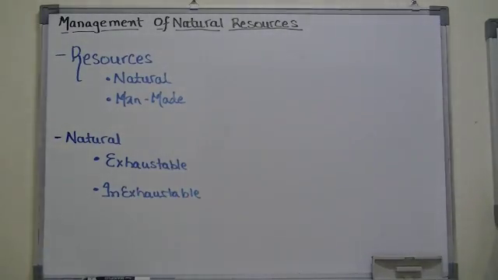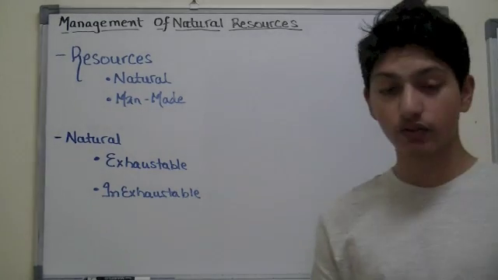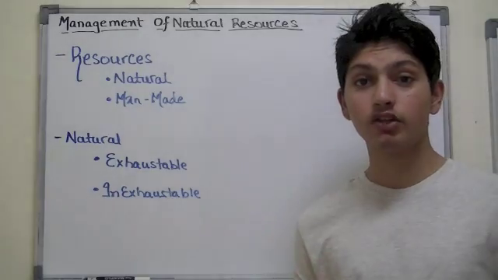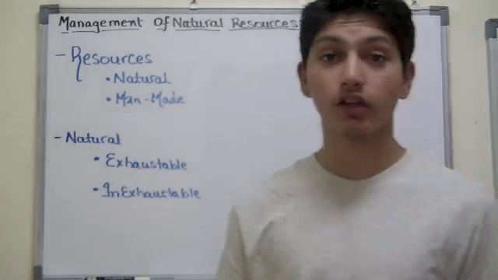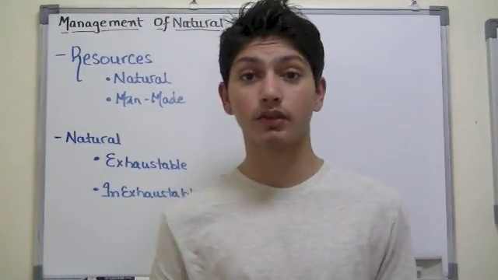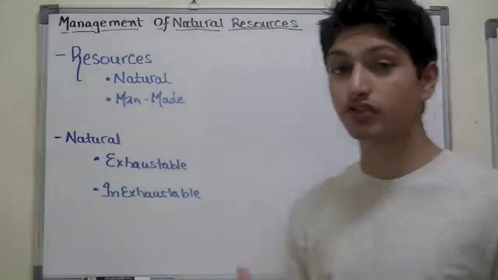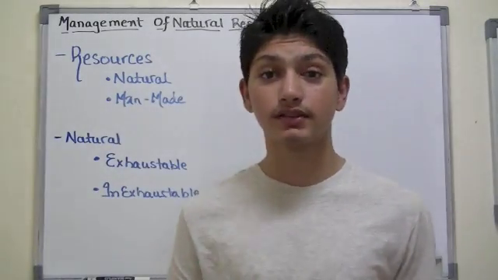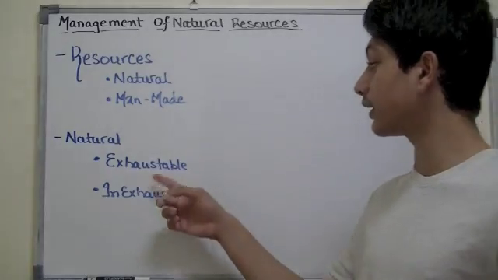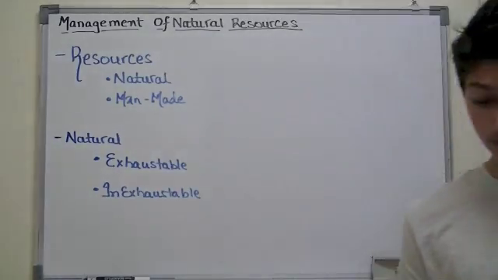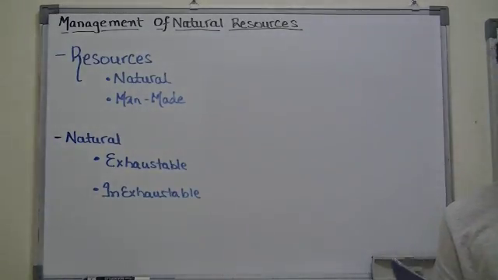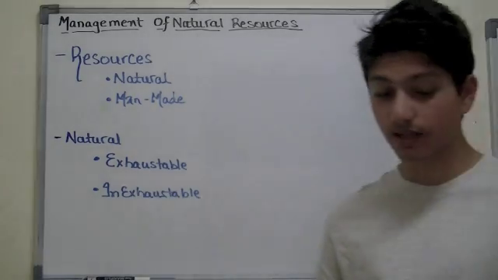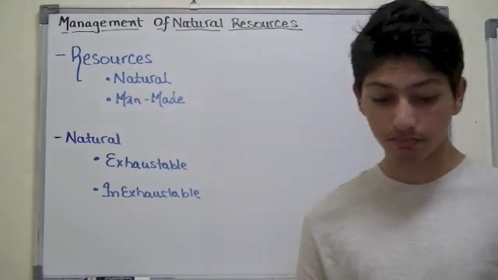Okay, so exhaustible resources are those which can get finished due to the continuous use by humans. If you continuously use something which is made by nature, it is going to go extinct sometime; it's an exhaustible resource. Now inexhaustible resources are those which do not get finished by the continuous use by human beings.